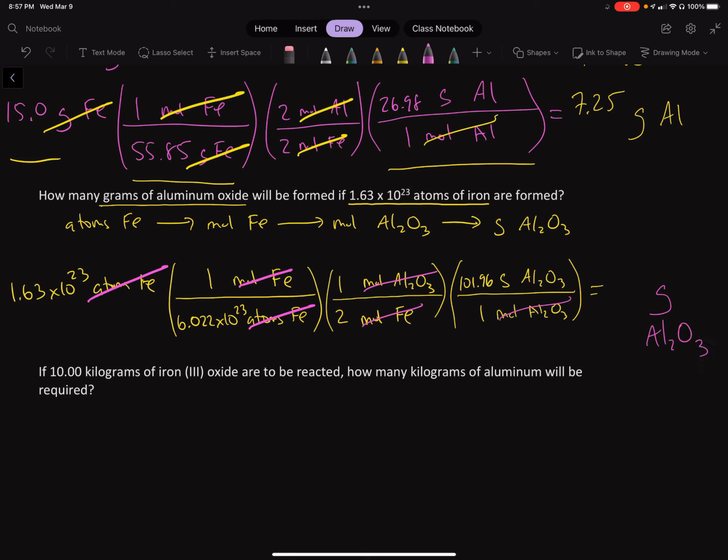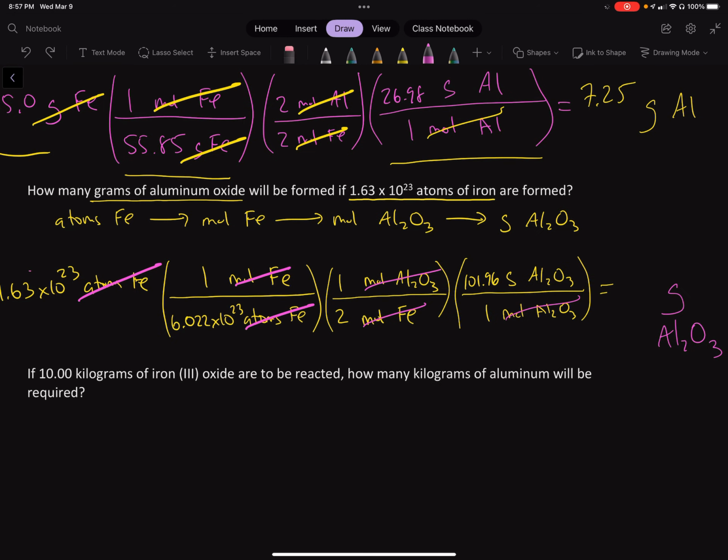Now, in terms of how you do this on your calculator, because once you get scientific notation over here, it can be a little bit tricky, especially if you're working on your phone or on a scientific calculator. So a strategy that you can do is just do the numbers in front.